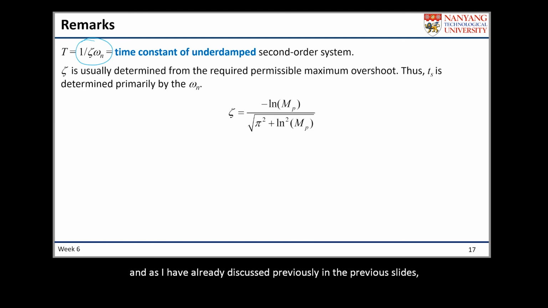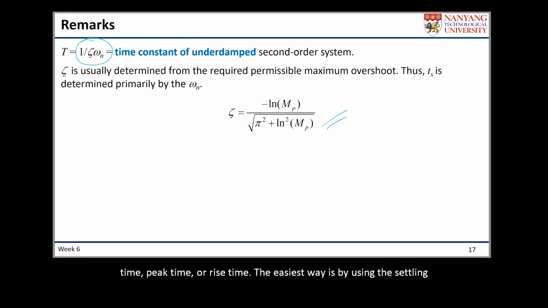Okay, and as I have already discussed in the previous slide, normally when you want to estimate zeta from an underdamped second order system, what do we do? We just observe the maximum overshoot of the step response, and then from there, using the formula, you should be able to estimate the zeta, the damping ratio, right? Using this formula. Once you know the zeta, you can estimate the second parameter, omega n, using the other features like settling time, peak time, or rise time.